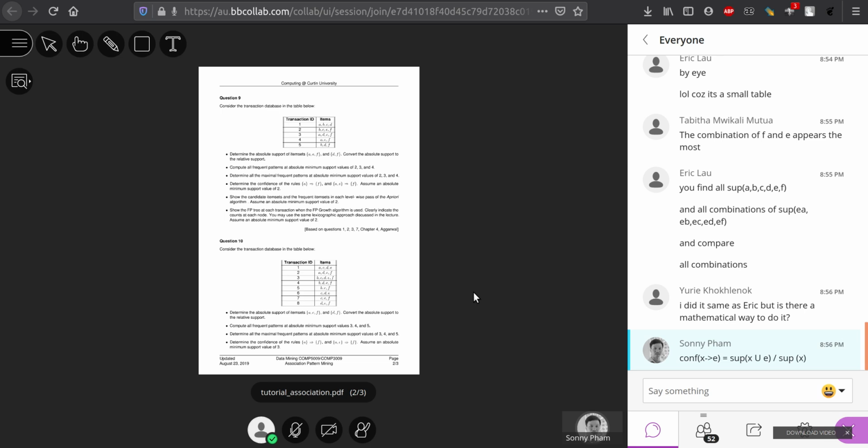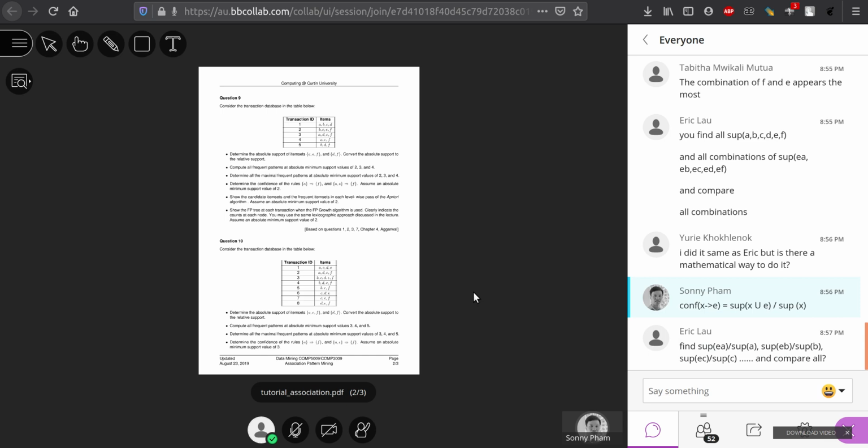So of course this is not an easy function to maximize. You have to find out the combination of something and E, and divide it by the support of that one. So obviously you want to find something that, when combined with E, gives you a large value, and the support of X itself is as small as possible.